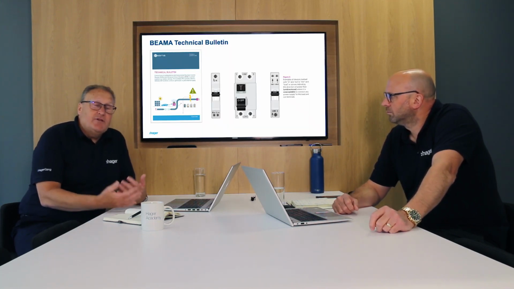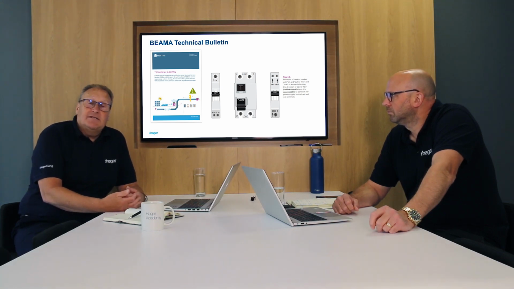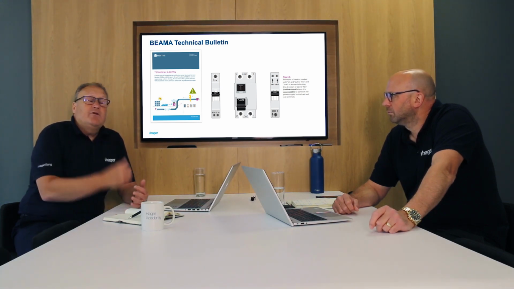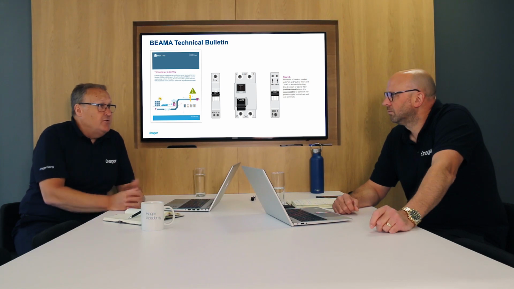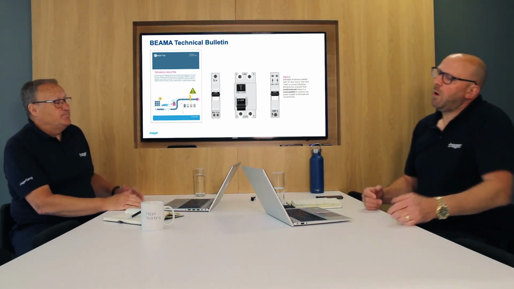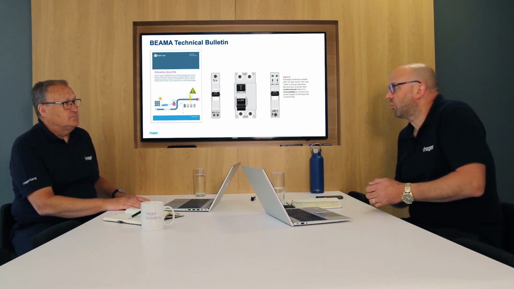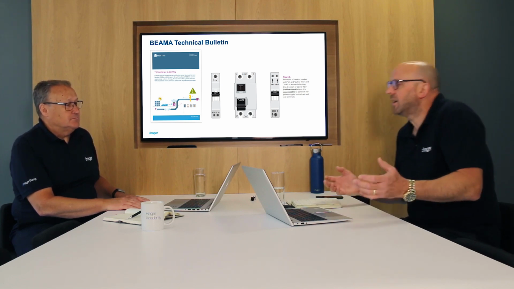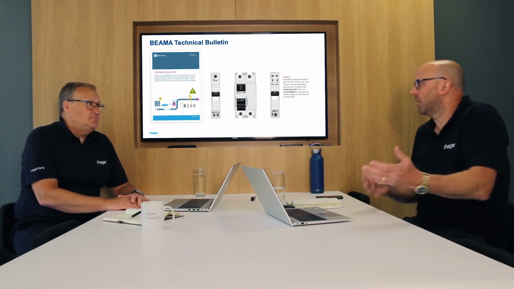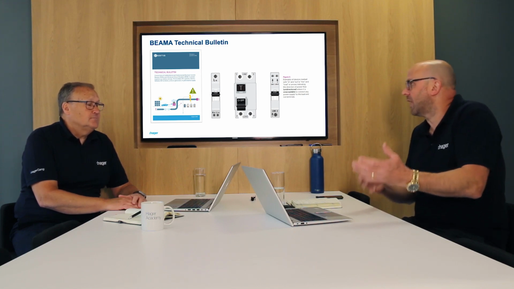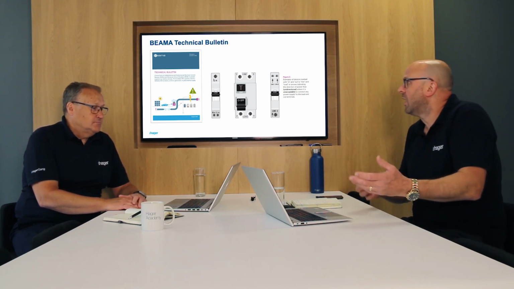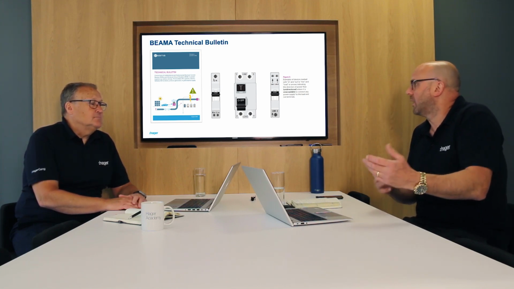So there are two new definitions we've got to concern ourselves with in Amendment 3 and just one new regulation. So what are the two new definitions about, Paul? Well, the bulletin from Beamer used the terms unidirectional and bidirectional. So it's obvious that BS 7671 in Part 2 needs a definition so that readers can understand clearly what that device is all about.